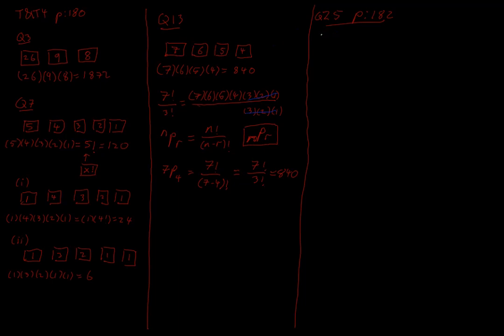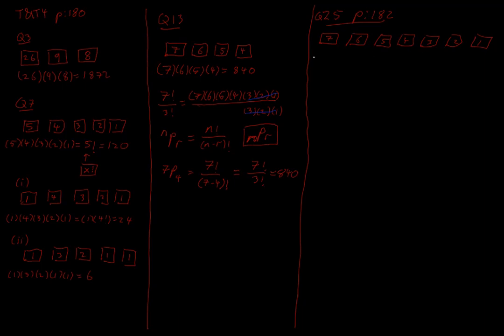Now, question 25. 7 children, including one set of twins, are arranged in a line. How many different arrangements can be made? Again, this is another question where part 1 is not marked as part 1. So we have 7 children and we're dealing with arrangements, so we're going to be drawing our boxes. 7 options for the first place we put a child, and then 6, 5, 4, 3, 2, and 1.